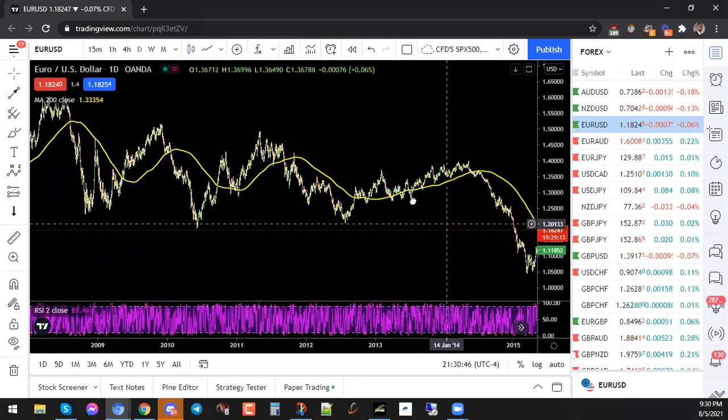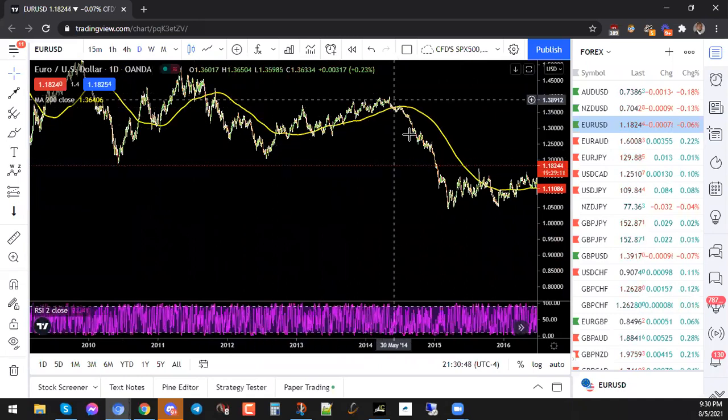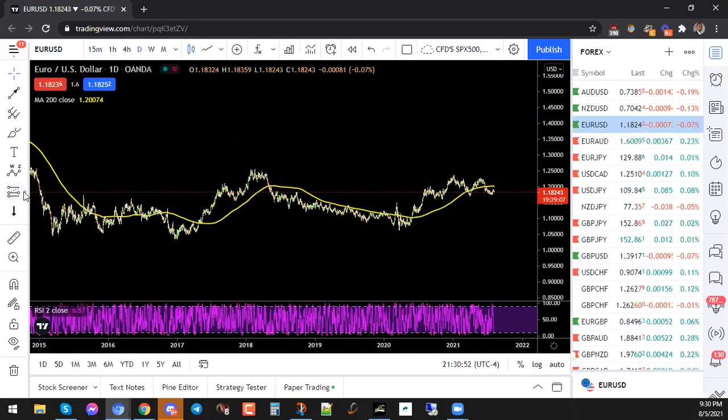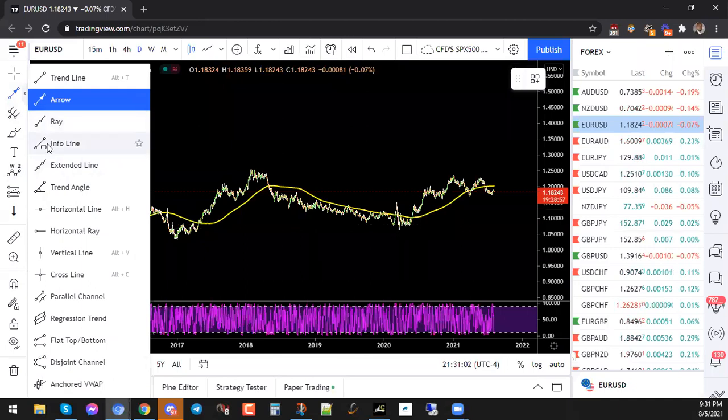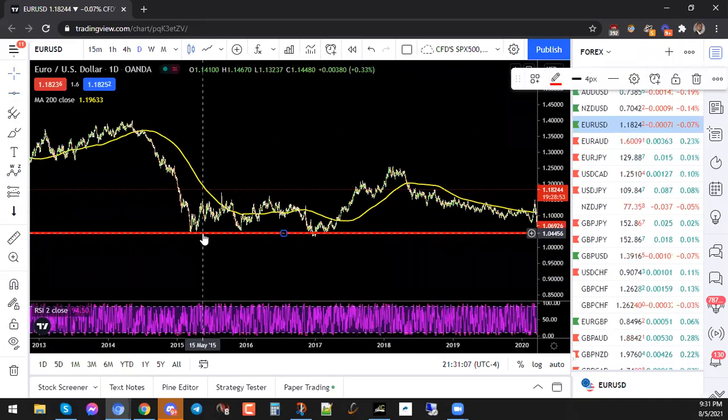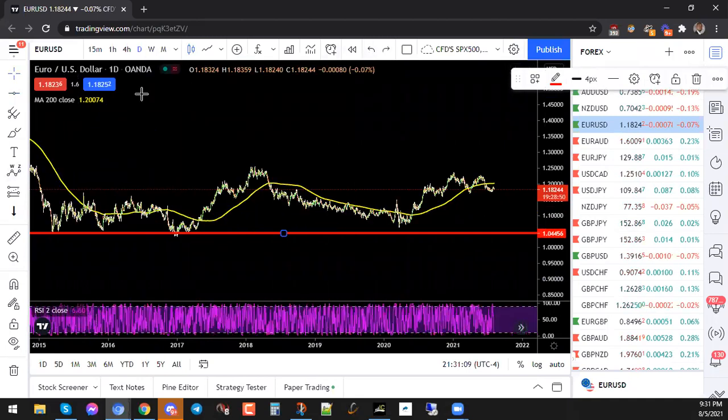So this could possibly be 1, 2, 3, and we are currently in our wave 4, right? So this could be our wave 4. Now, if this is our wave 4, oops, wrong line.